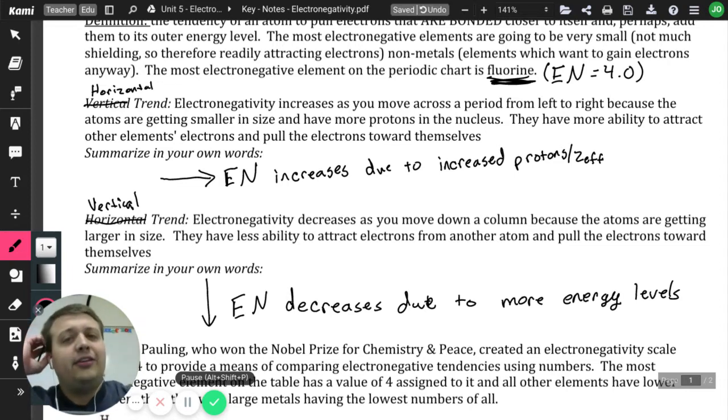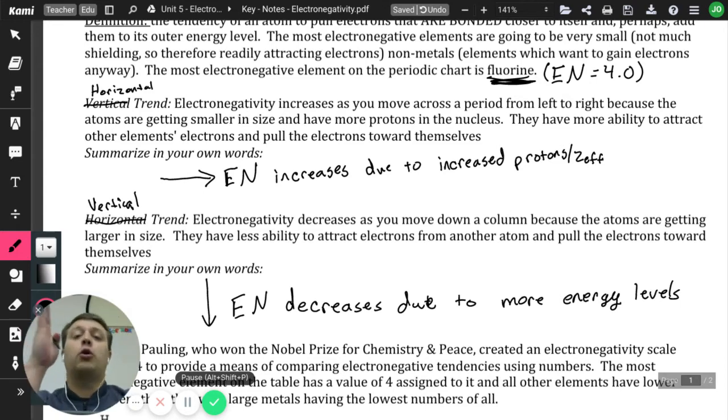So here is something you can do to know, in general, what the electronegativity of different elements is. As I move away from fluorine, my trend is, as I move left, okay?